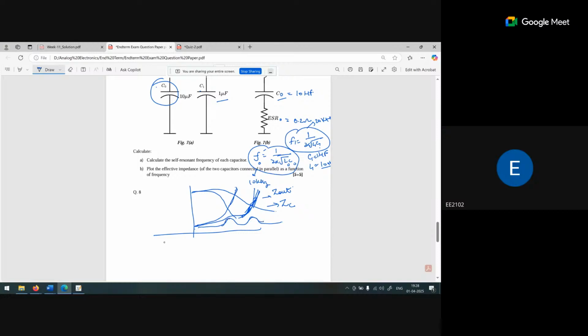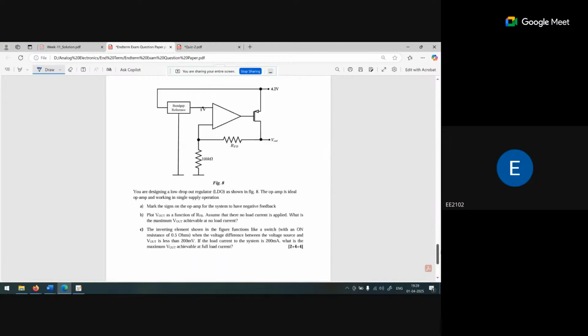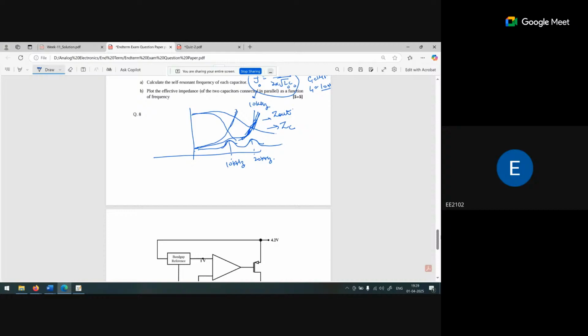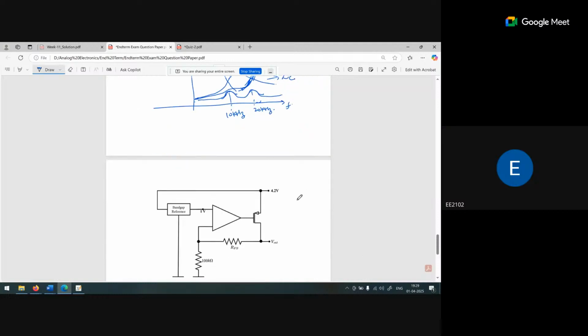Now these two peaks will arise at 10 kilohertz and 20 kilohertz. So this is the effective impedance plot as a function of frequency. Here you have the frequency F, and here you have the value of Z.